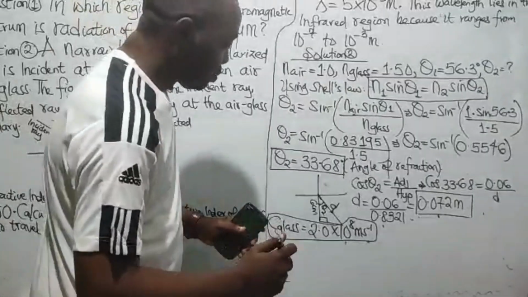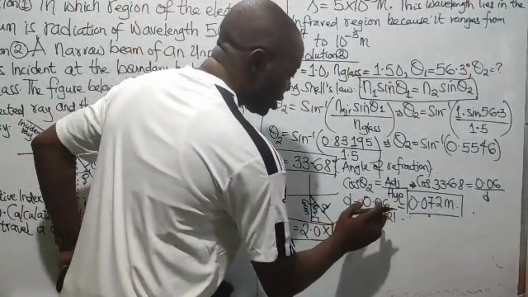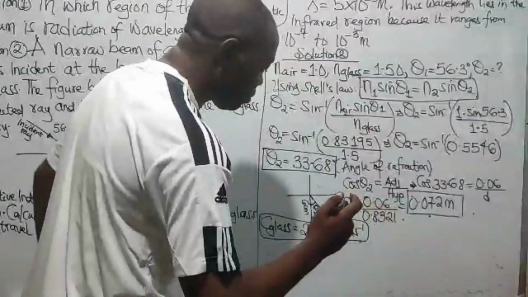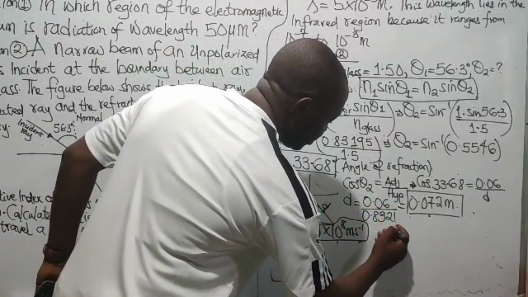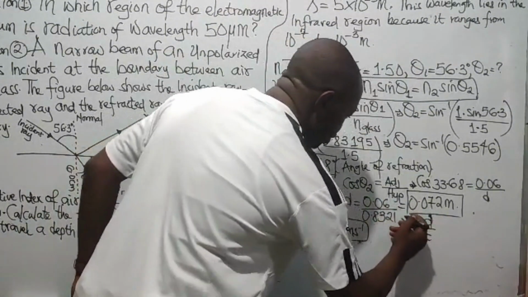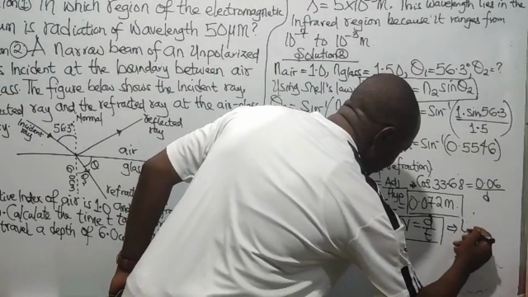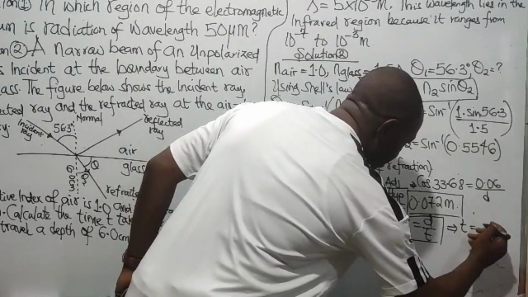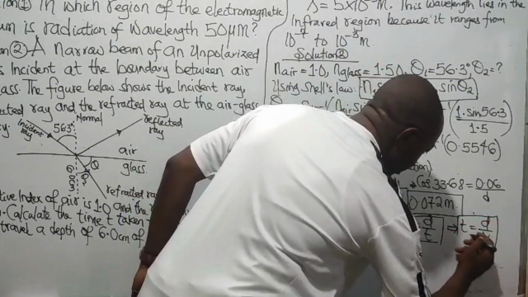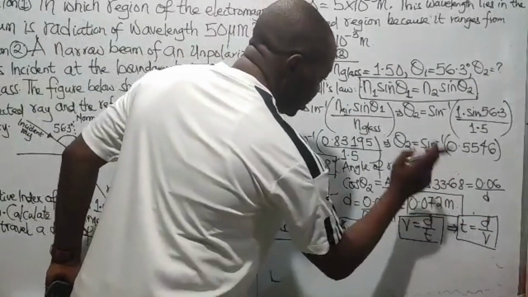We have the speed of light in glass, and we use the formula for calculating velocity from uniform motion. In uniform motion, velocity is distance over time, so time is distance over velocity.